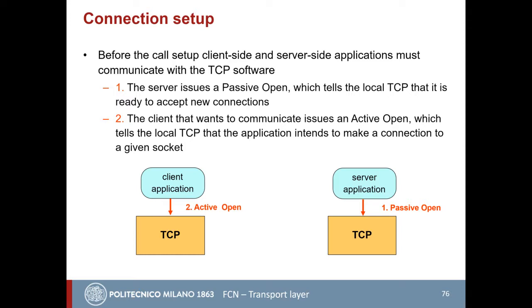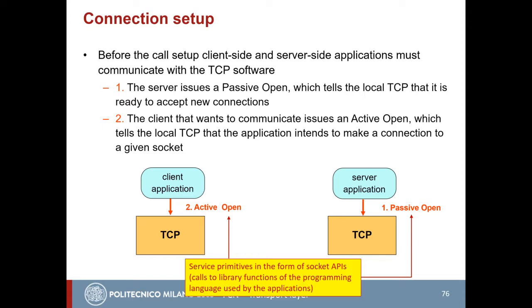As you can see here, the first step of TCP connection opening is basically performed by the applications. So the applications have to ask the TCP layer, the operating system of the host, to prepare to open the sockets. The server is the first one to open the socket. It is the welcome socket, and this instruction is called the passive open.